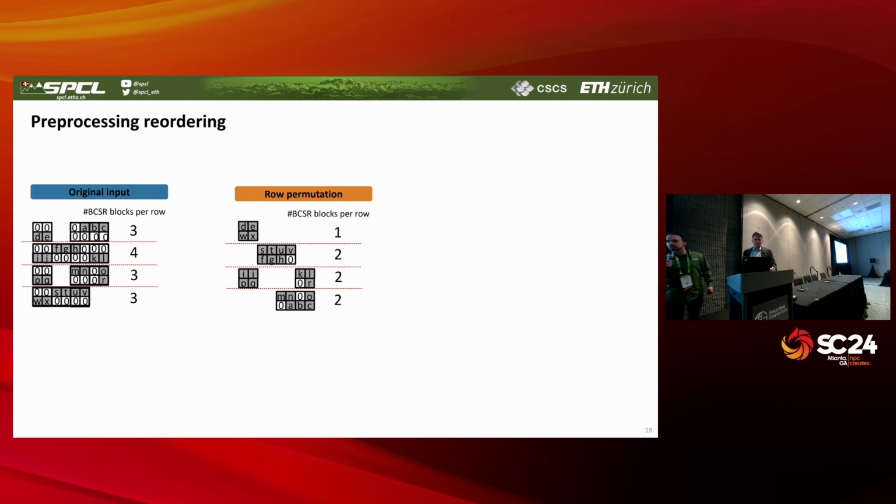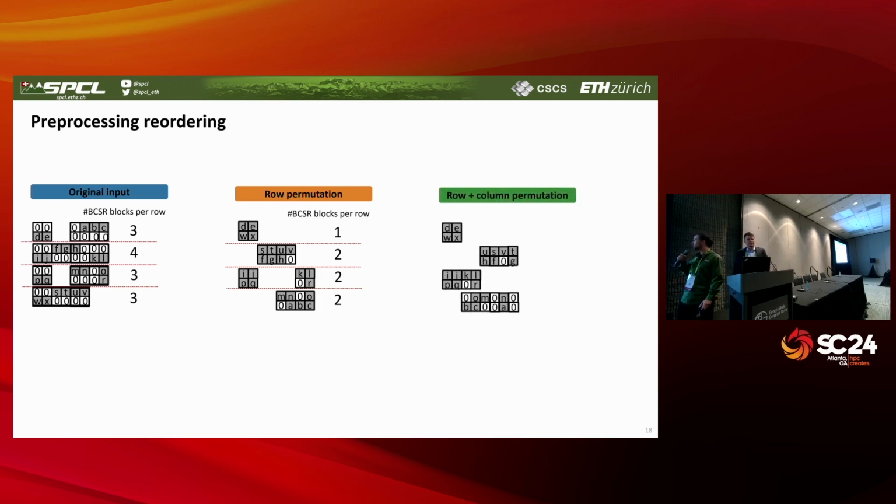And we also consider another layer where we do row and column permutation. So basically we take our permuted matrix, we transpose it, and we run this algorithm again, efficiently allowing for permuting both rows and columns. This sometimes helps, sometimes actually does not. So for example, in this case, we added 1 more block in the last row.